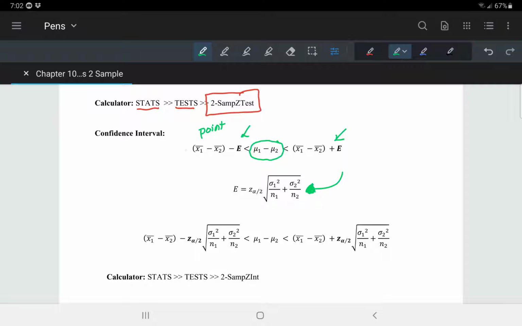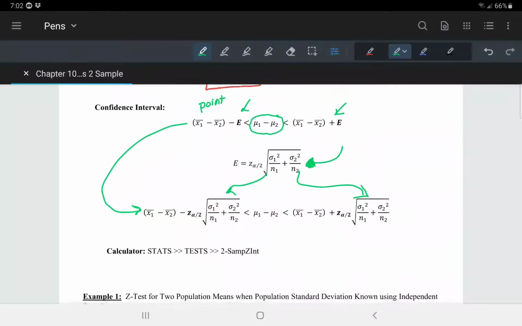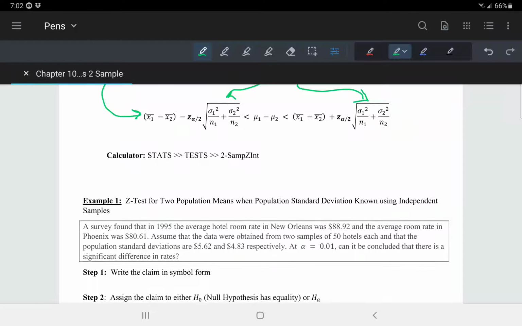So I really could have rewritten this equation in the longer form, just substituting in E there and there. So if you have to calculate it by hand, that's the formula you will use. But luckily, our calculator will do this for us. The calculator function is found under Stats, Tests, and then you'll be looking for the 2SampZInt.